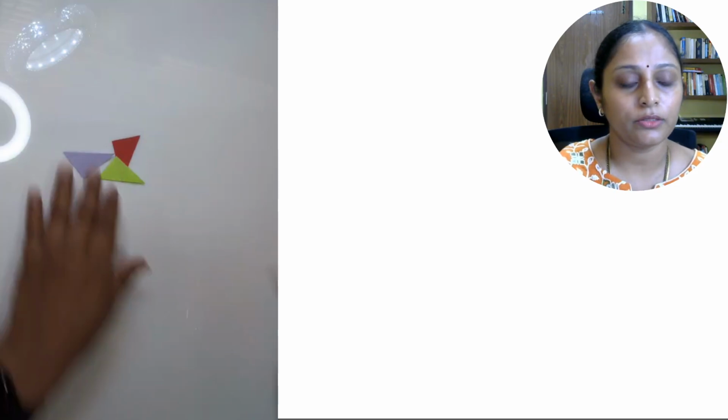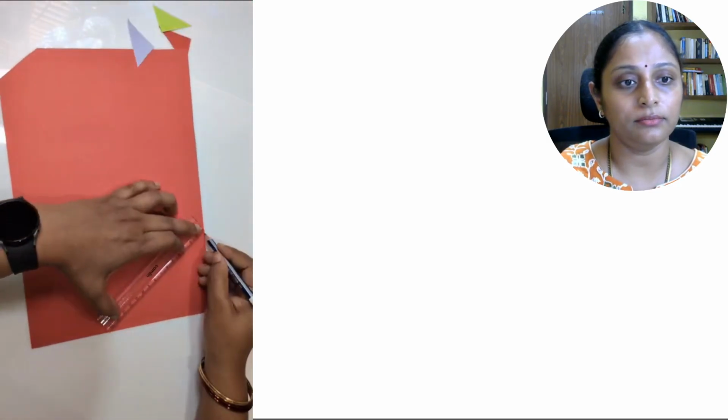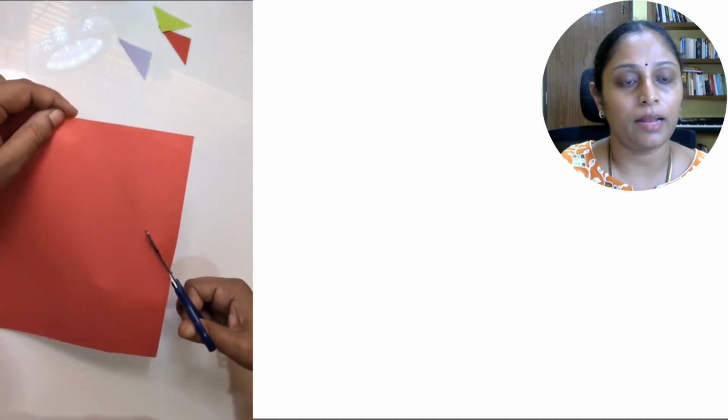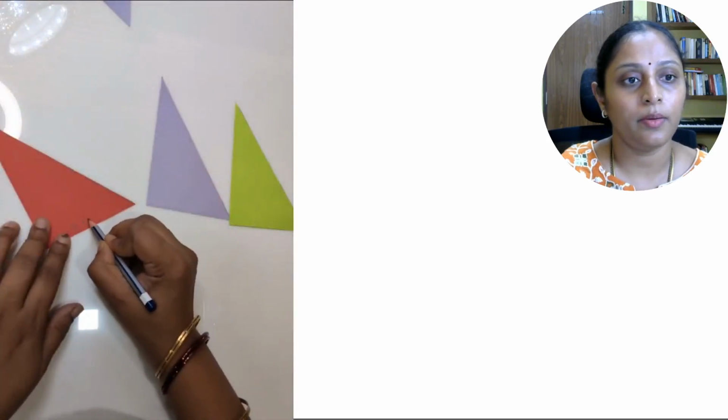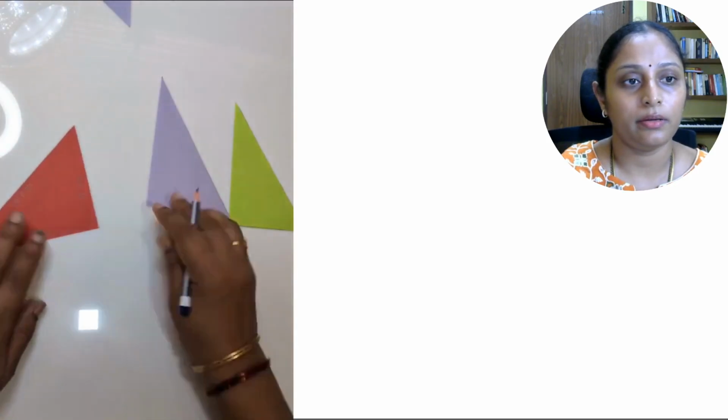So here I have taken the same sheet again and I am measuring 9 centimeters and 12 centimeters this time on all 3 colored papers, and I am going to take the cutout for the same. And I am going to mark the sides.